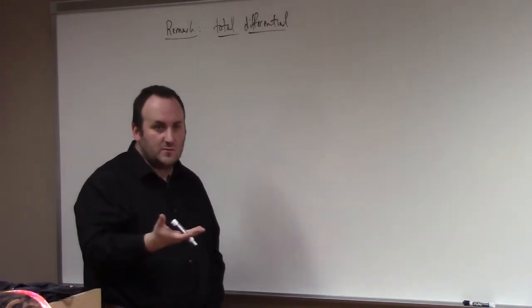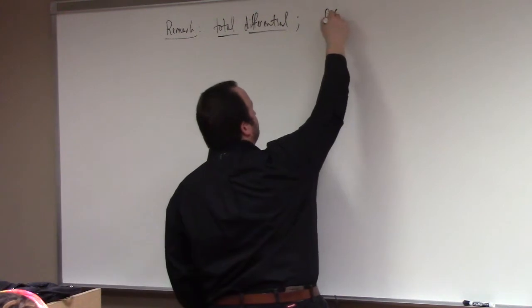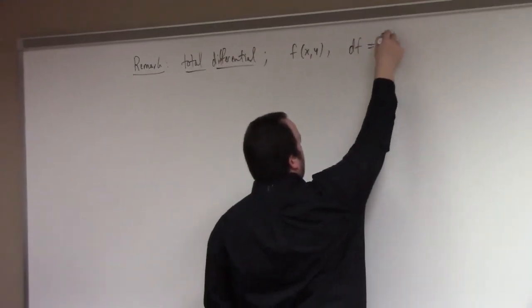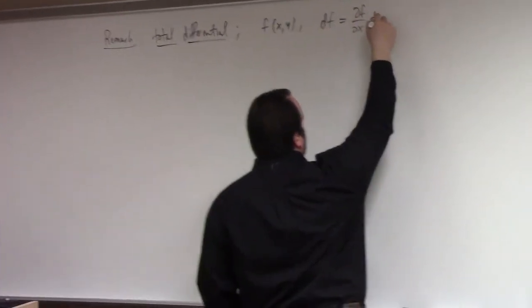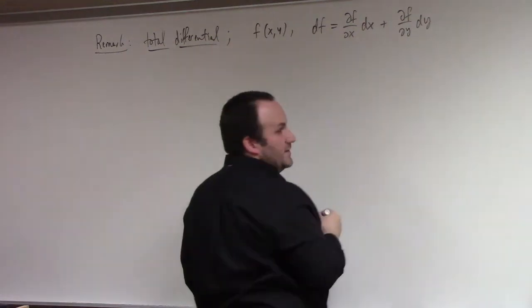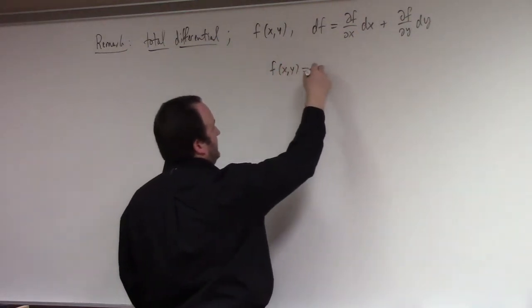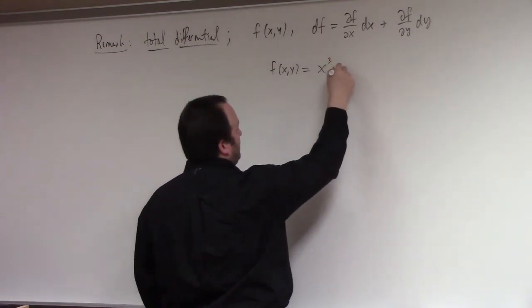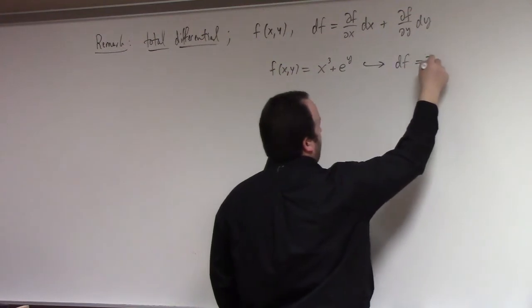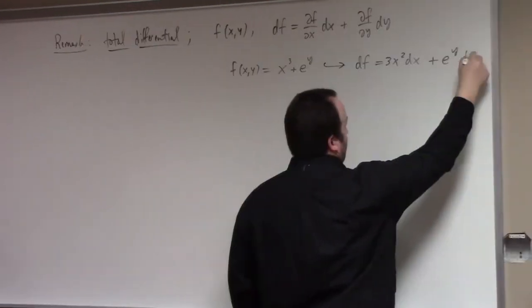If I have a function of x and y, then the total differential is by definition partial f, partial x dx plus partial f, partial y dy. So for example, if we had f of x, y equal to, I don't know, x cubed plus e to the y, then we'd get that df was 3x squared dx plus e to the y dy.